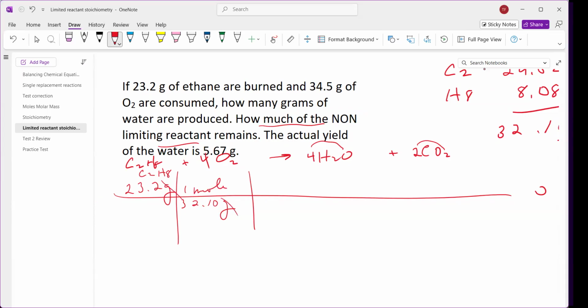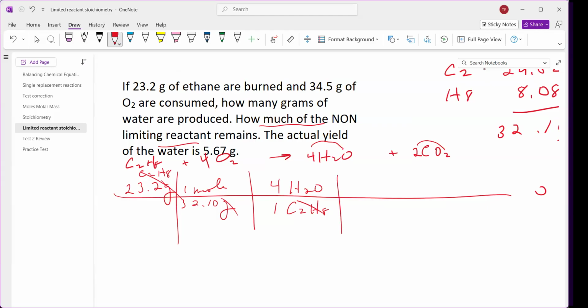And we're looking at water now. So water is going to be on the top, ethane on the bottom, so ethane has to cancel. And ethane's 1, water's 4.